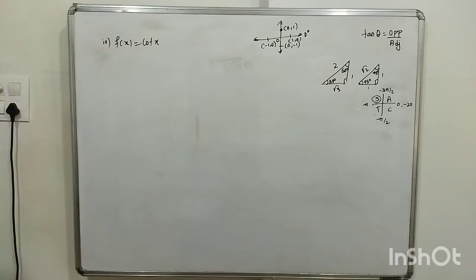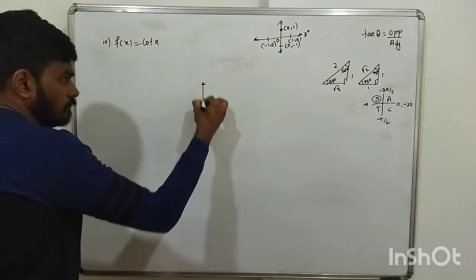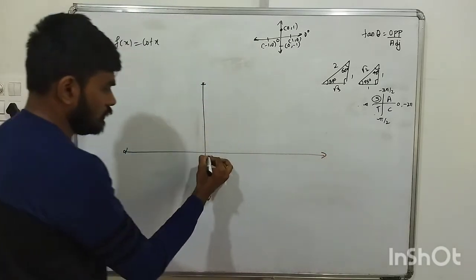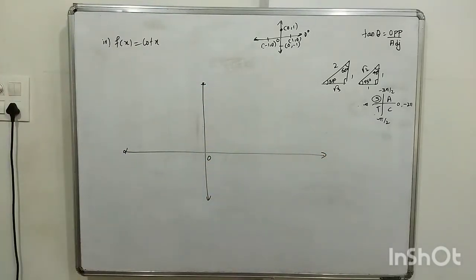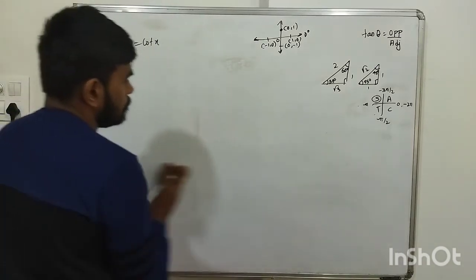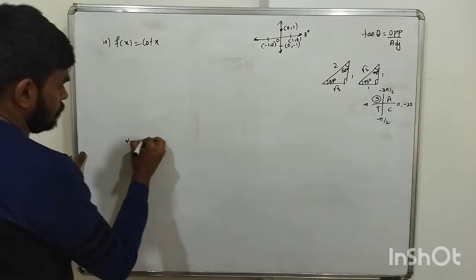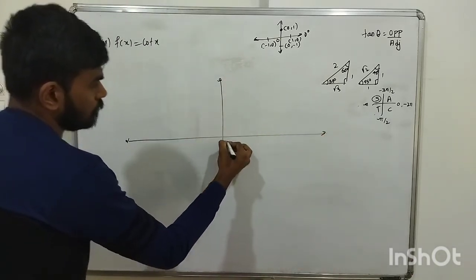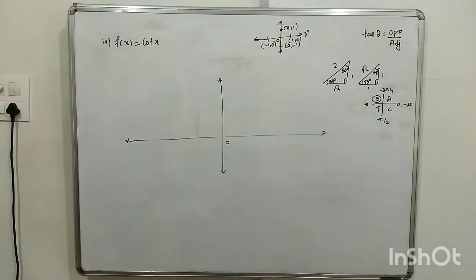F of x is equal to cot x. So 0 here. Now draw properly, and just pour the ink in this.